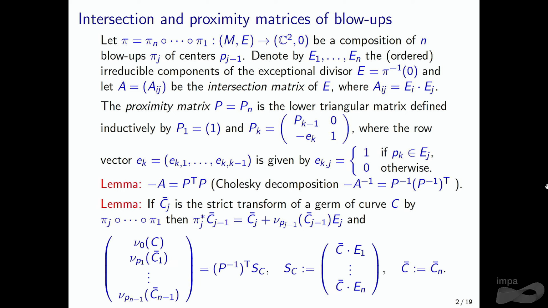In fact, the algebraic multiplicities at the different centers define a vector that can be computed using the proximity matrix like that, where SC is a vector that controls where the strict transform meets each component of the exceptional divisor. And this vector will appear in the sequel very often.